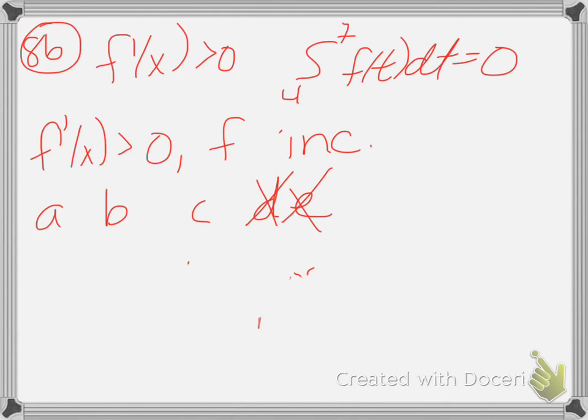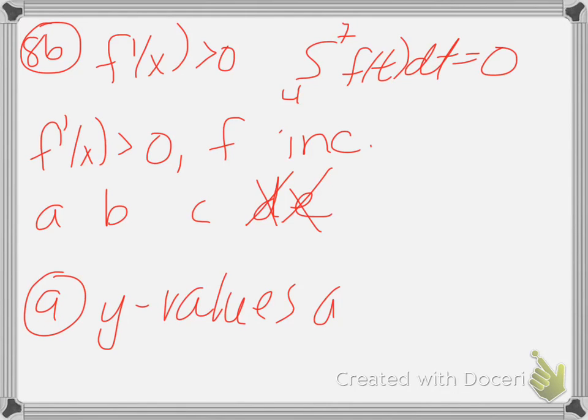Okay, and that same thought process, if you look at choice A, all the y values are negative. So the entire area is below the x-axis, which means you're never going to have a positive part to cancel it out. So therefore, A can't be the answer.